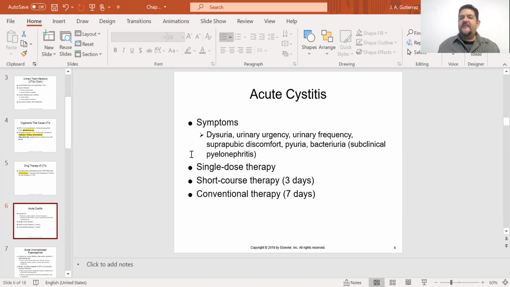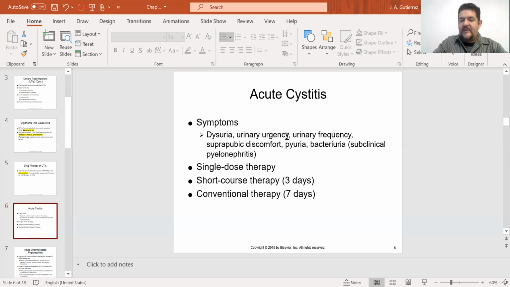Okay, so let's talk about the different types of UTIs they may put in the case scenarios for you to answer. Acute cystitis, which is an inflammation of the bladder. Here we have dysuria, a burning sensation when the patient goes to pee.